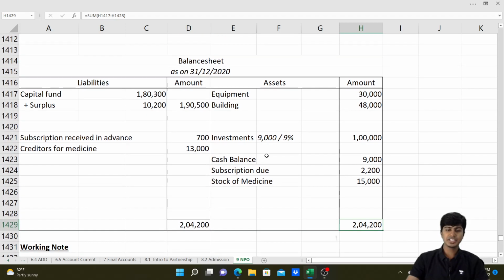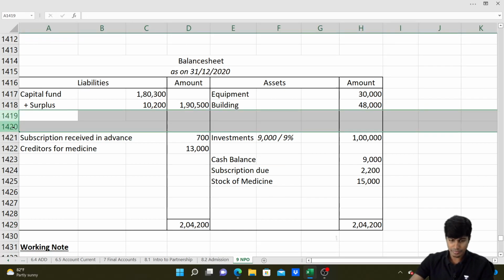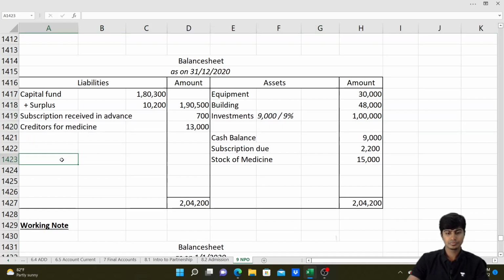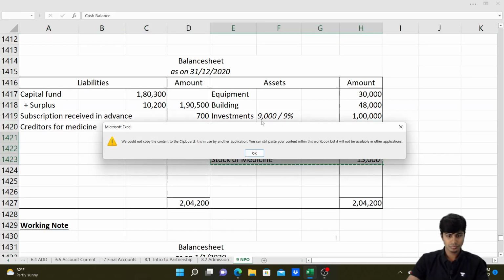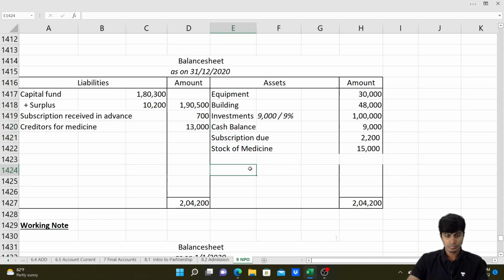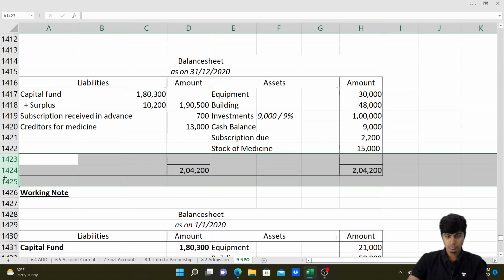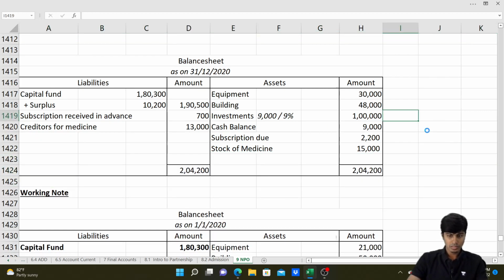And the opening balance sheet here for you. Sorry, this is the closing balance sheet here for you. Balance sheet for you. This is the closing balance sheet.